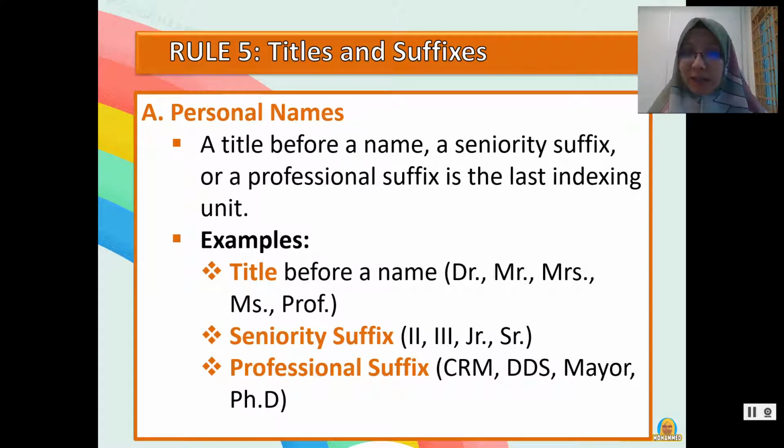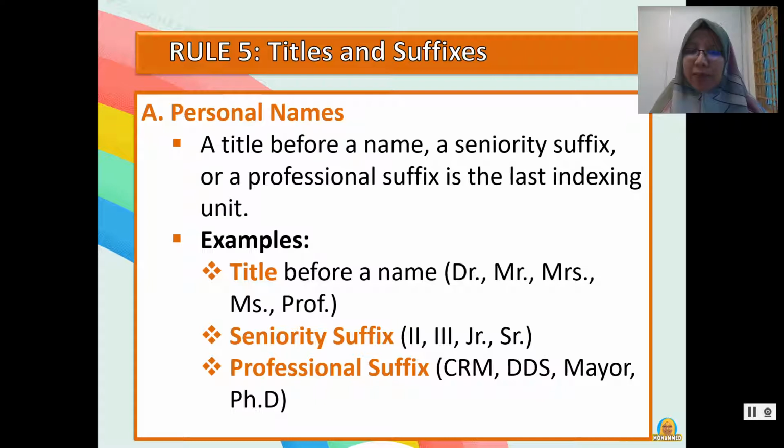A title before a name, a seniority suffix or a professional suffix is the last indexing unit. I'm going to give you an example of what is a title, what is a seniority suffix, and what is a professional suffix.